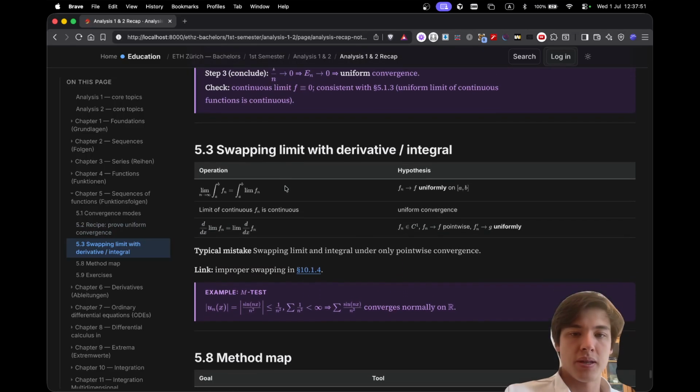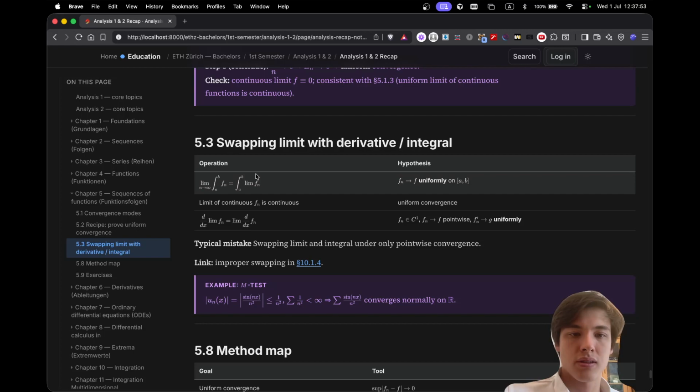Here, swapping limits with derivatives or integrals. So if it is uniform, we can swap the limit and the integral.